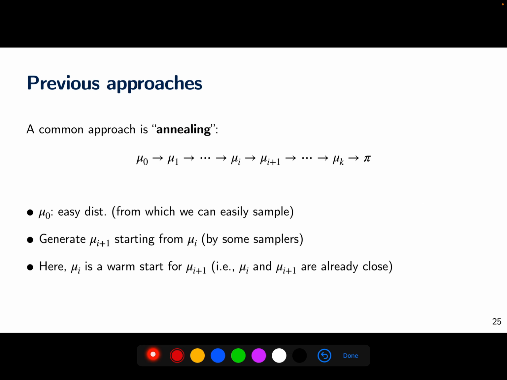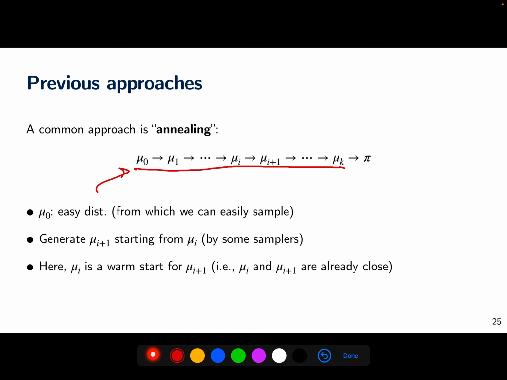And then the previous common approach is annealing, which, simply speaking, is that we follow some sequence of distributions, mu0 to mu k, which is a gradual transition from mu0 to phi. And then there are some conditions that you want to ensure to obtain a tractable algorithm. The first is that mu0 should be an easy distribution so that you can easily hop into this annealing scheme.